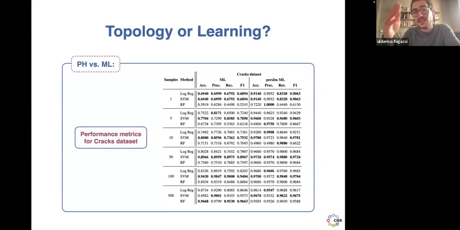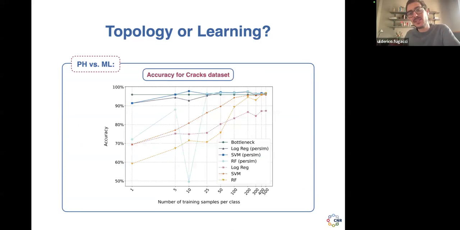As you can see, and maybe in this visualization we obtain a more visual representation of this phenomenon, the machine learning methods applied straight on the raw images, which do not consider persistence, at a certain point reach good accuracy values. These methods are represented by dotted lines, but at the beginning, when the number of samples is pretty limited, they struggle a little bit.